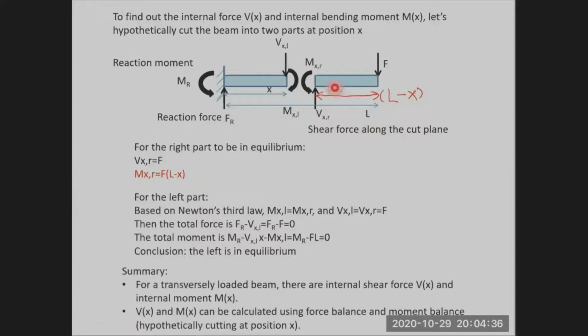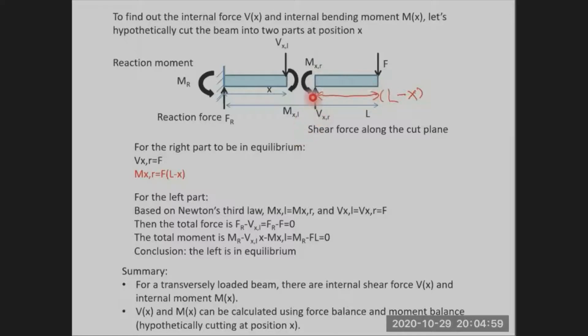Now let's focus on the right part of the beam. This is the hypothetically cut plane. The right part should be in equilibrium, because this is only a hypothetical cut.